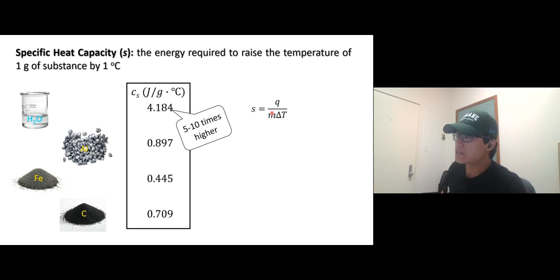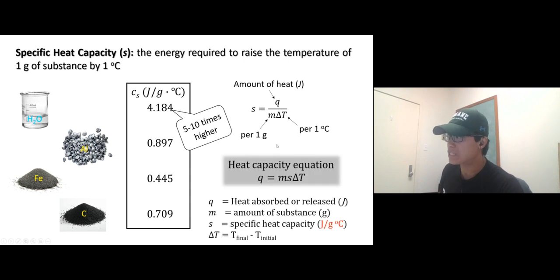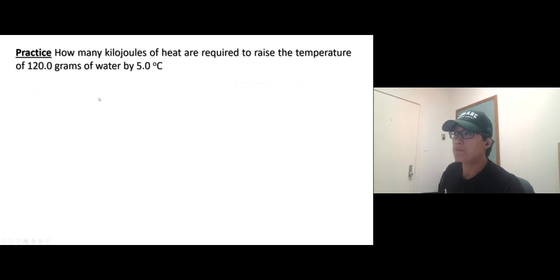And the equation for specific heat is equal to the amount of heat required to raise the temperature of 1 gram of substance by 1 degree Celsius. If I rearrange this equation, I get Q = ms ΔT. That's the heat capacity equation. We're going to use this to do this problem together.